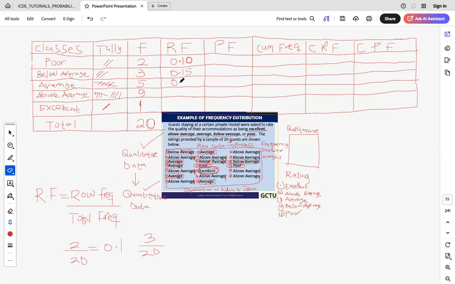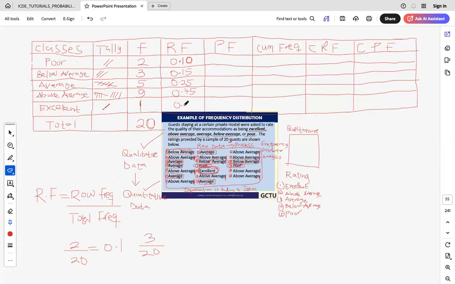What do you get? 0.25. Very good. Then 9 divided by 20. What do you get? 0.45. Very good. Then the last one, 1 divided by 20. What are you having? 0.05. Very good.